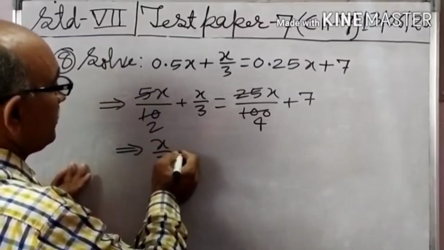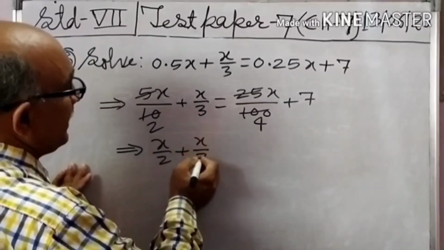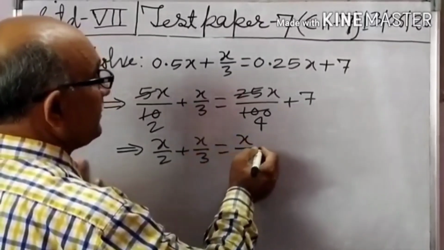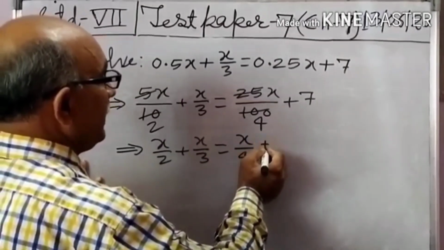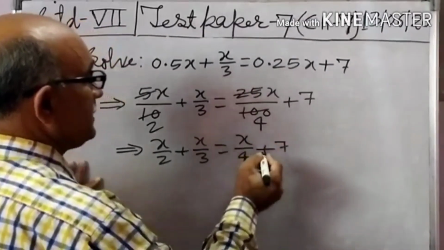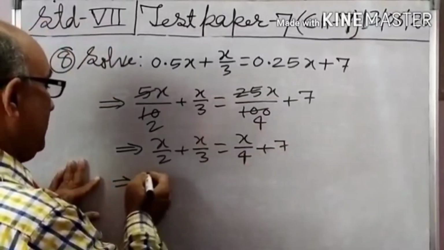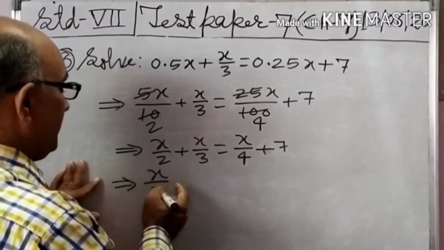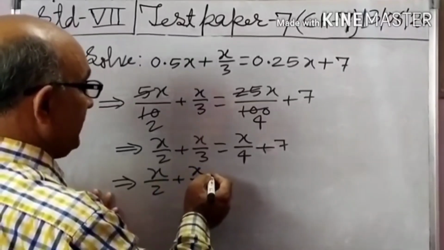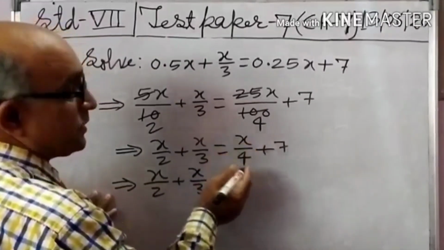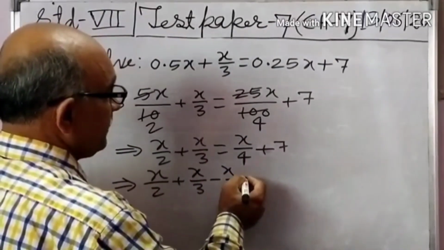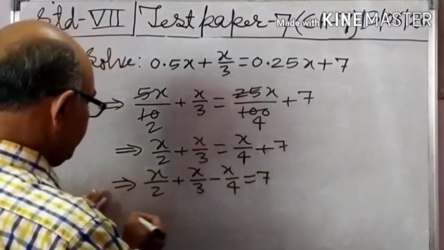It implies x by 2 plus x by 3 equals x by 4 plus 7. That implies separate the variable on the left hand side: x by 2 plus x by 3, and by transposition minus x by 4 equals 7.